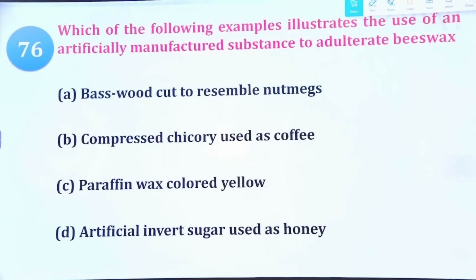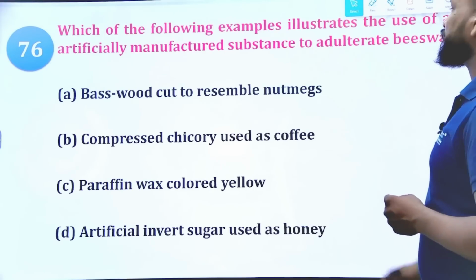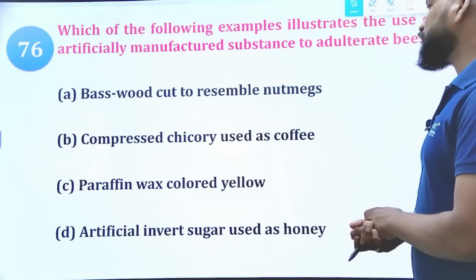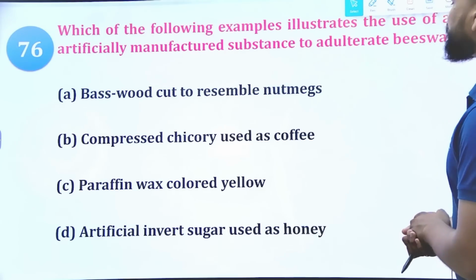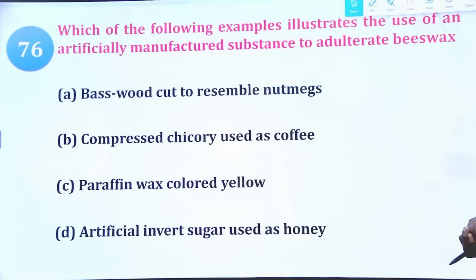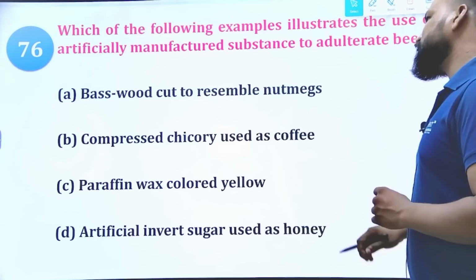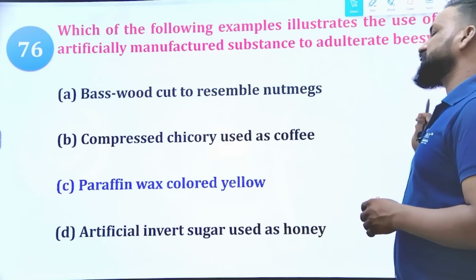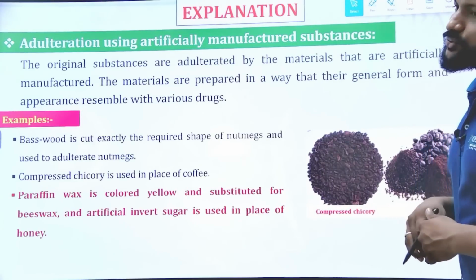Which one of the following examples illustrates the use of an artificially manufactured substance to adulterate beeswax? So what is the adulterant for beeswax? Options: basswood cut to resemble nutmegs, compressed chicory used as coffee, paraffin wax colored yellow, and artificial invert sugar used as honey. Undoubtedly, paraffin wax is used to substitute the original beeswax.